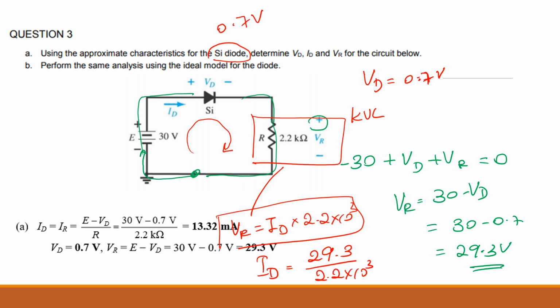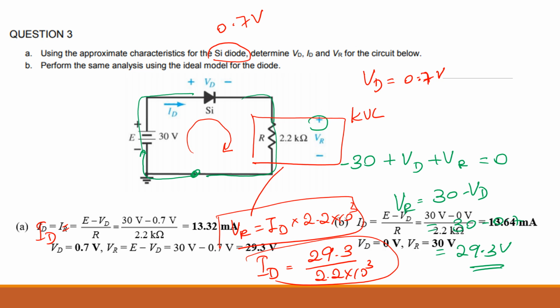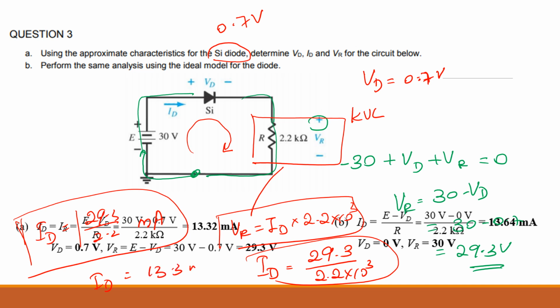You can find ID in milliamps. 29.3 divided by 2.2. So what do you get for ID? 13.3 milliamps. Okay, so are we all good?